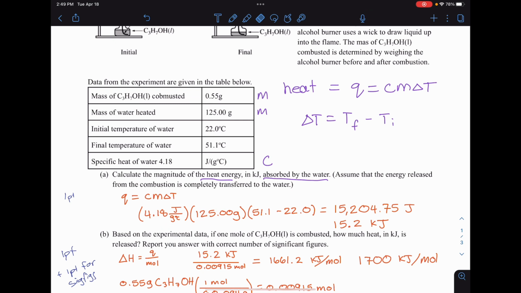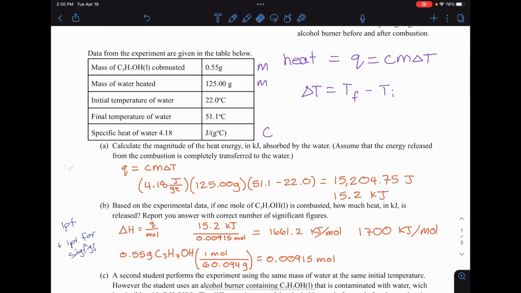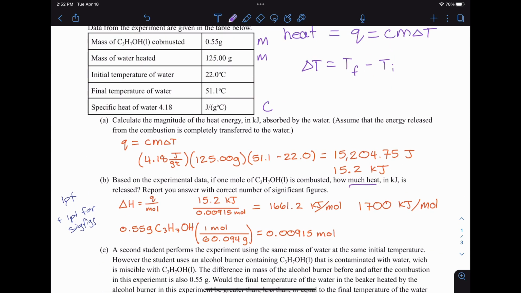When you calculate this, it comes out to 15.2 kilojoules. It specifically says in kilojoules, so you need to make sure you convert it. You should have memorized, if you don't already, that 1 kilojoule equals 1,000 joules. Kilo, the K, means 1,000. And on the grade rubric, this question was worth 1 point.